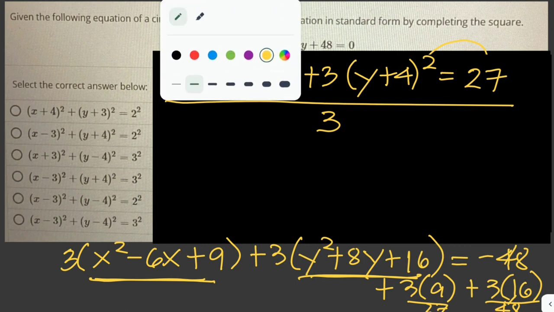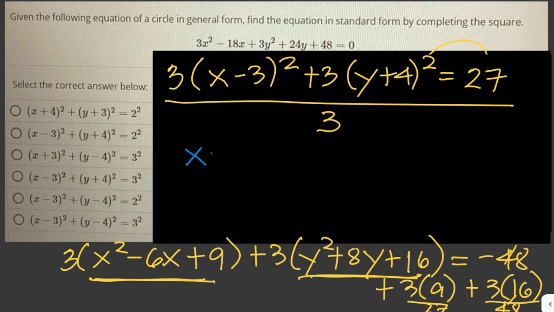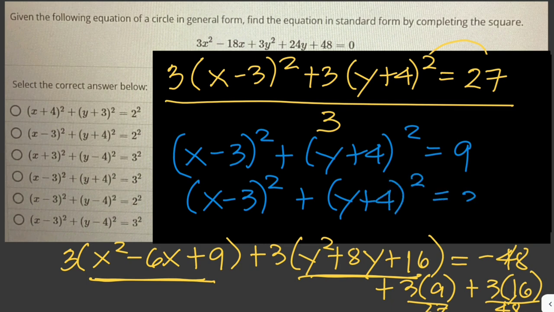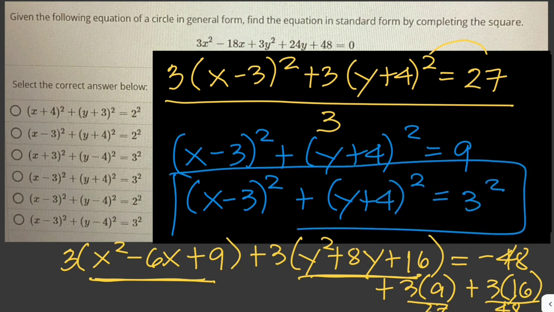And then this would give us x minus 3 squared plus y plus 4 squared equals 9. Then we can write this in the standard form, x minus 3 squared plus y plus 4 squared equals 3 squared. So the answer here is the fourth one.